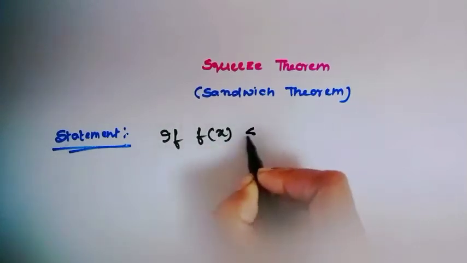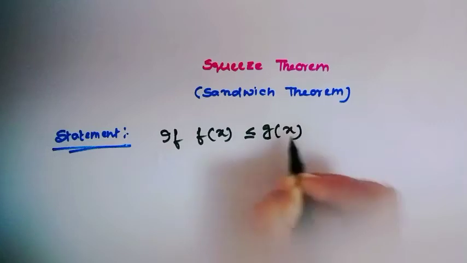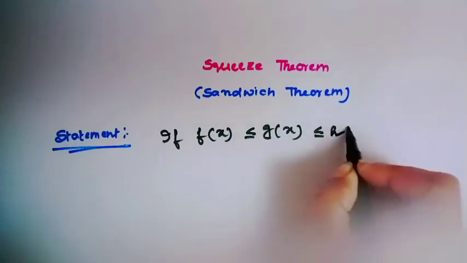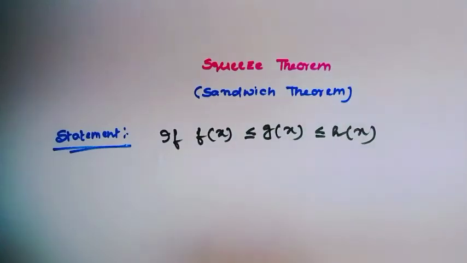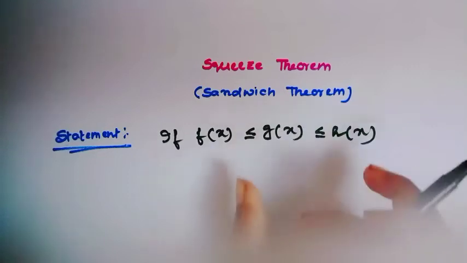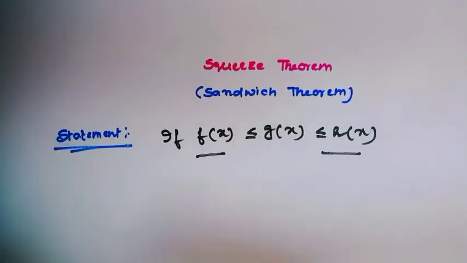The theorem says if some functions satisfy f(x) ≤ g(x) ≤ h(x), that means the function g is squeezed between the two functions f and h.